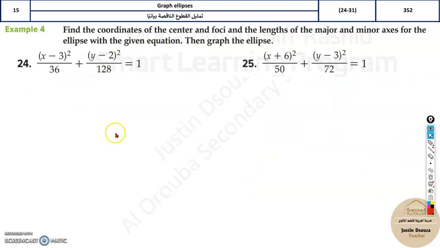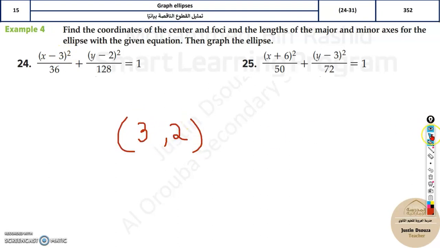Now we will see a problem. It is very easy and straightforward. Understand which orientation it is. Look, below x it's 36, below y it's 128, so it is a vertical orientation, something like this. After that, what is the center? The h value is 3, the k value is 2.